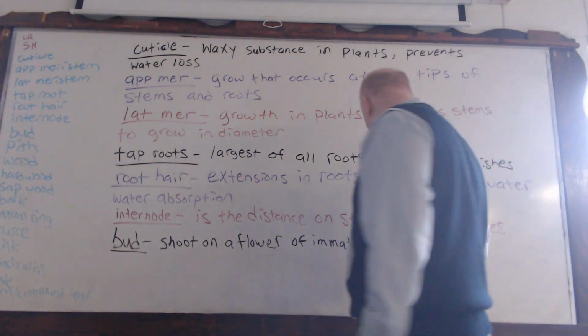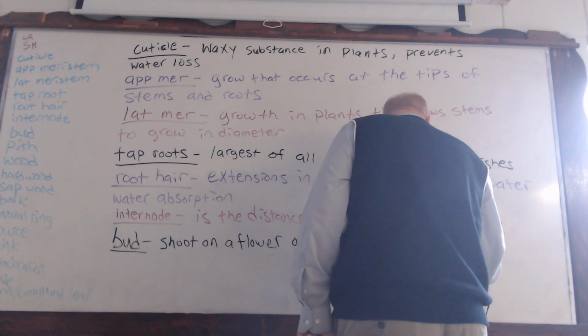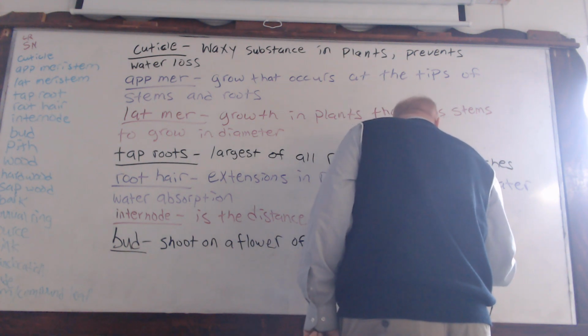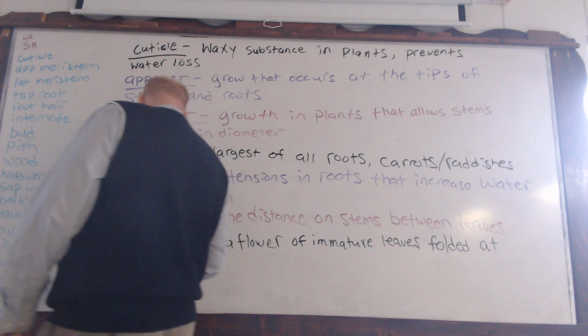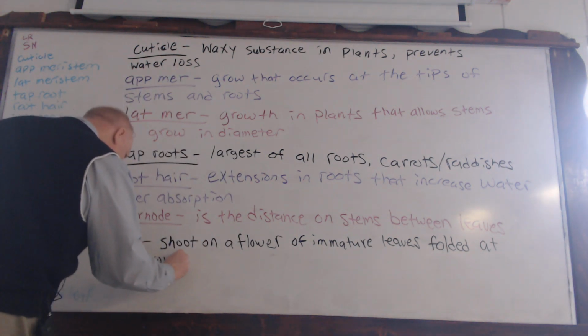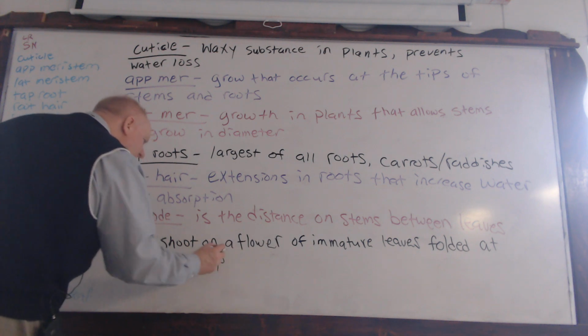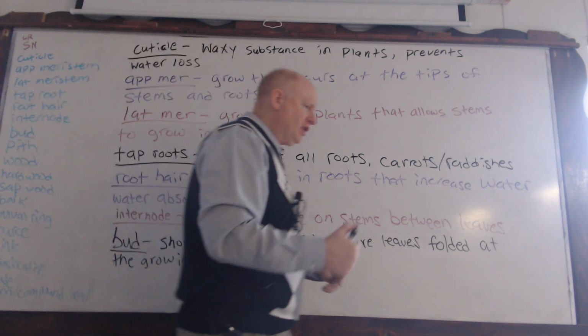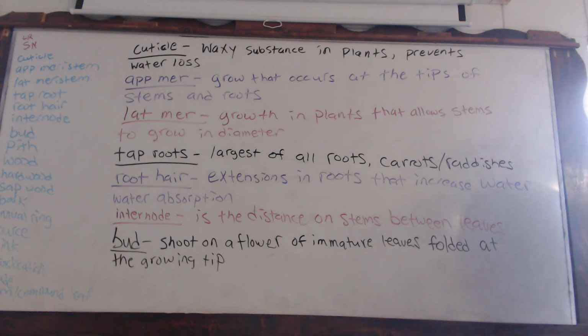They're folded at the growing tip. One of the things we think about as spring is getting closer is deciduous trees, which means the leaves fall off in the fall.